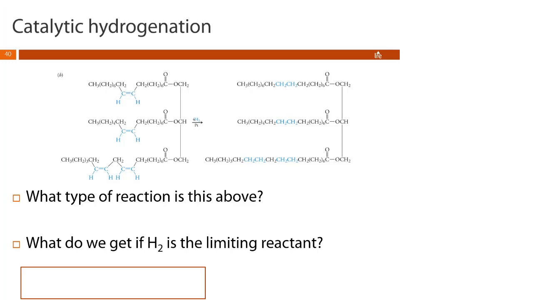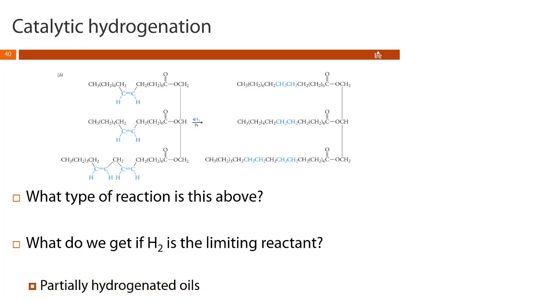So what do we get if the hydrogen gas is the limiting reactant? In this example right here, we have 4 double bonds that we're reducing. So we have 4 moles of hydrogen gas. What if we only had 2 moles of hydrogen gas for every 1 mole of triglyceride? We wouldn't be able to reduce all of the double bonds, and we would end up with something called a partially hydrogenated oil.